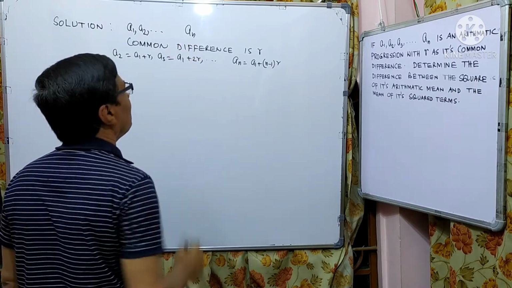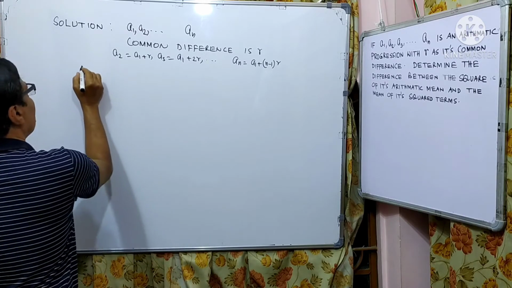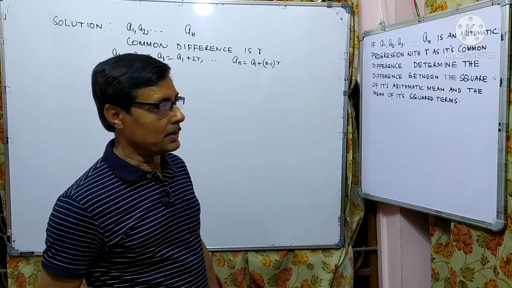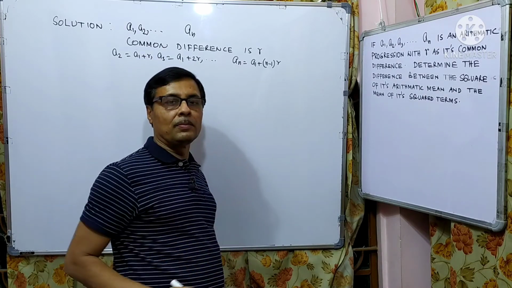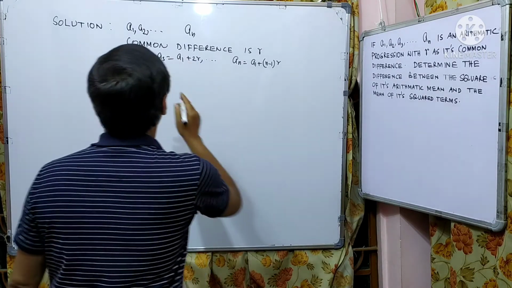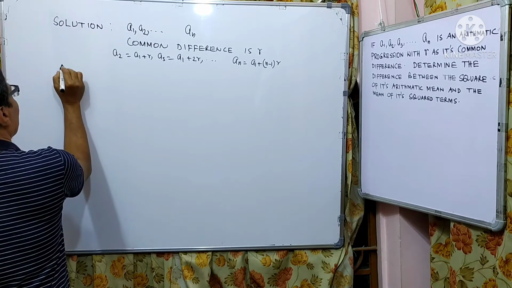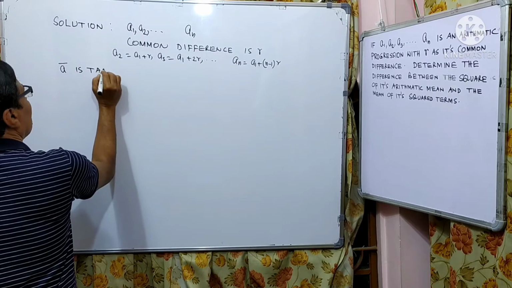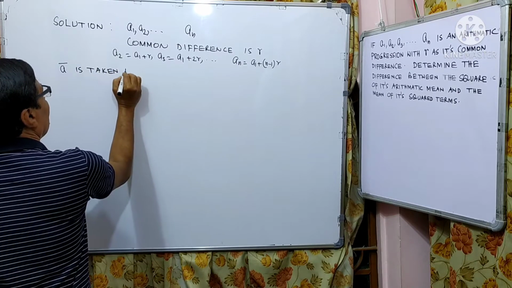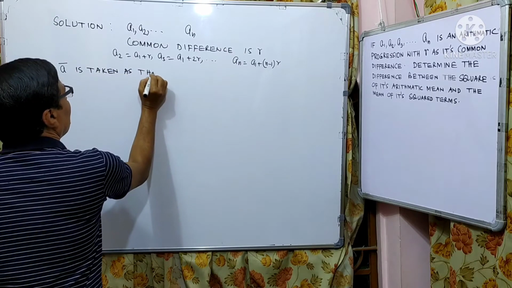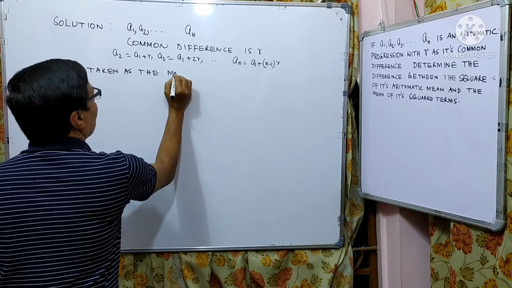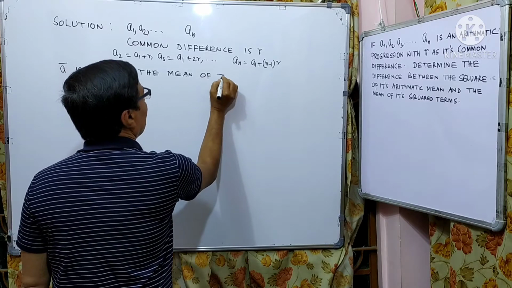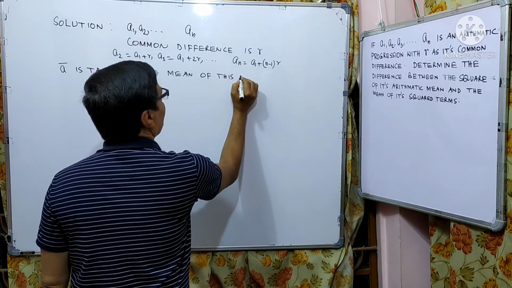So the mean of this arithmetic progression is assumed as a bar. A bar is taken as the mean of this arithmetic progression.